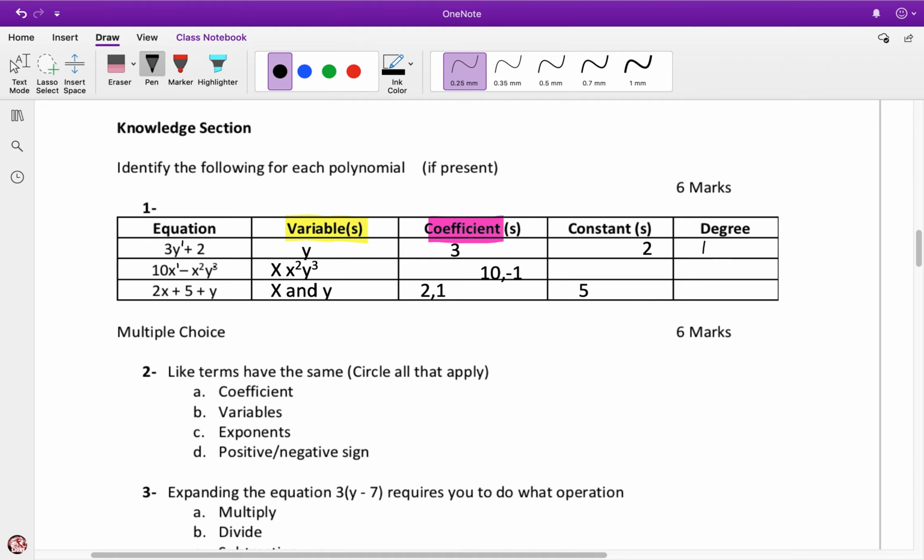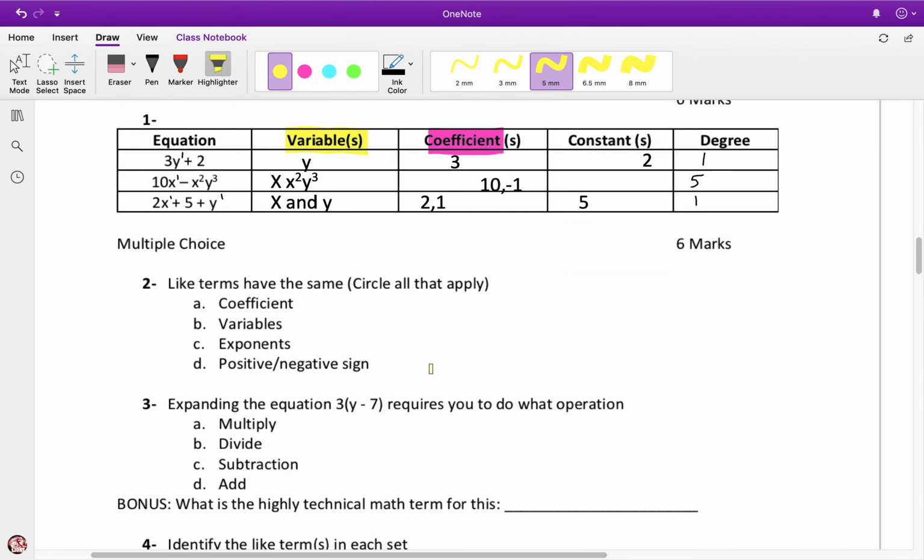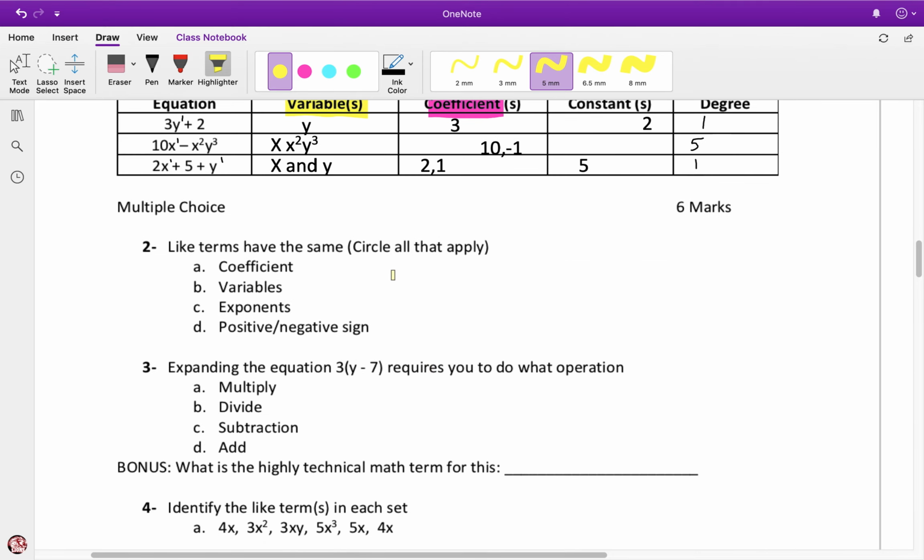This degree is 2 plus 3, so that is 5 for this term. And these are both 1, so the highest term is 1, therefore it's 1. And there's your answers.